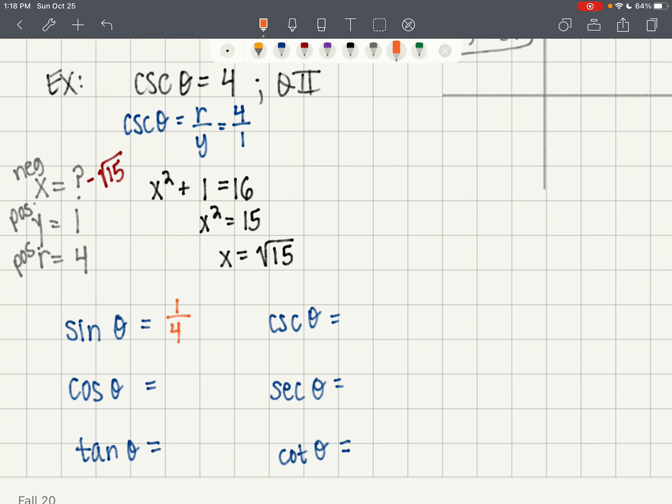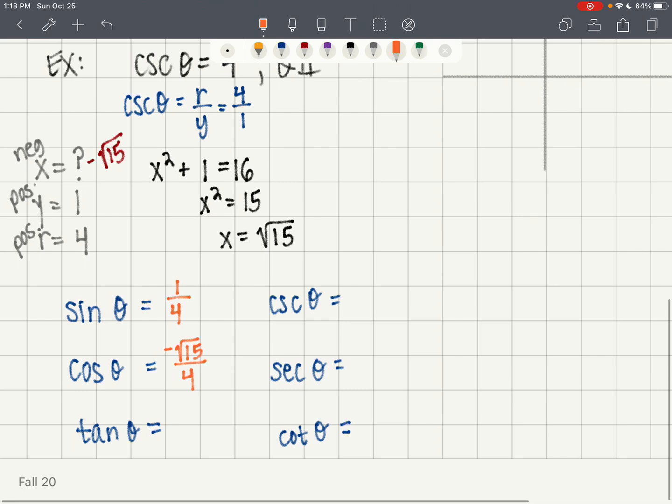The cosine of theta is x over r, so that's negative square root of 15 over 4. And the tangent of theta is y over x, which is 1 over negative square root of 15, but I'm going to put that negative in the numerator because fractions look better with their negatives in the numerator, and I'm going to actually rationalize that denominator, which gives me negative square root of 15 over 15.